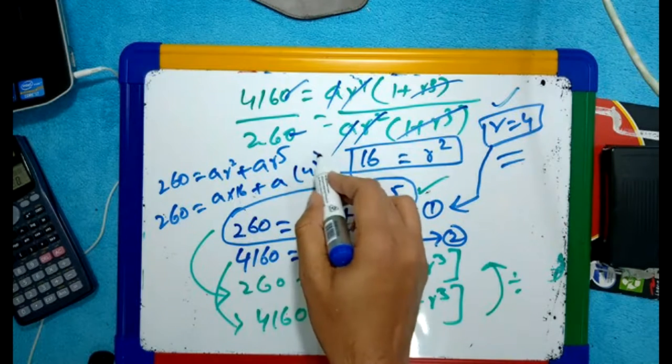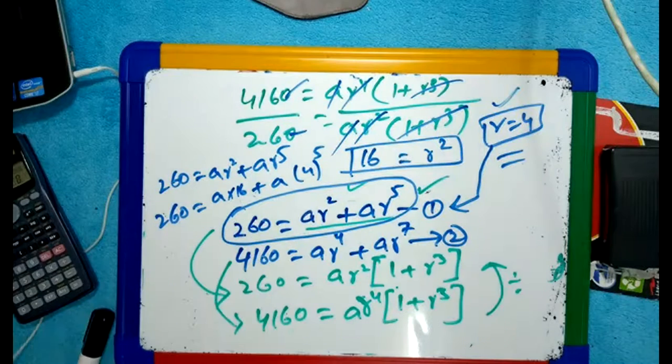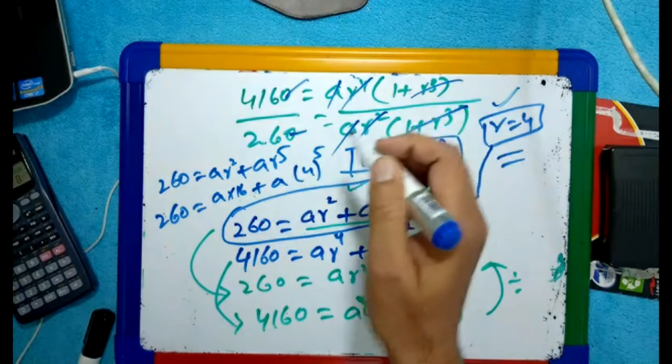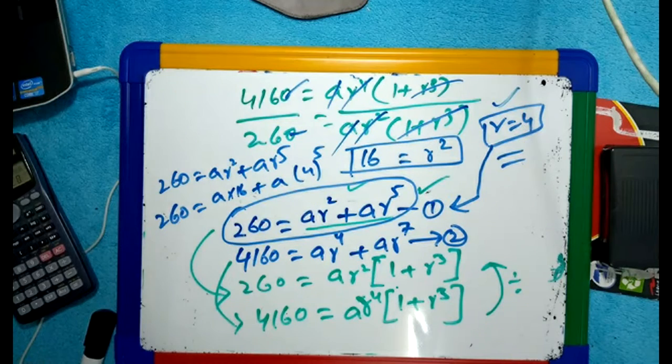What is 4 to the power 5? 1,024. Yes, you are right. 1,024 plus 16 is 1,040.